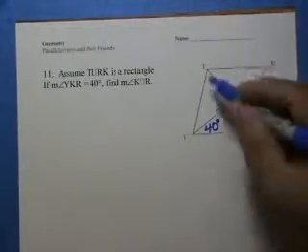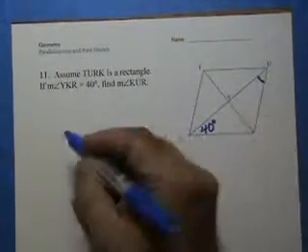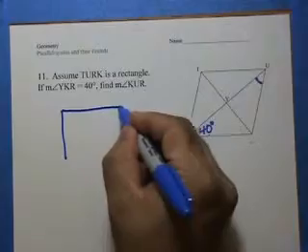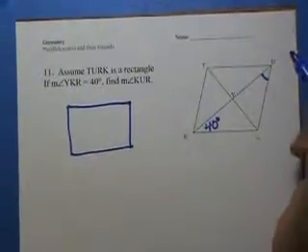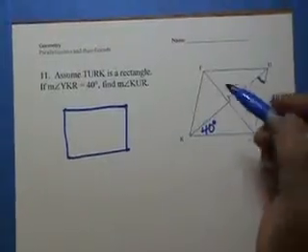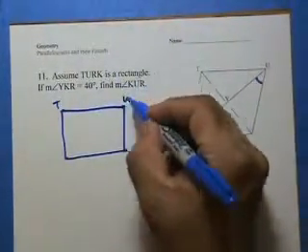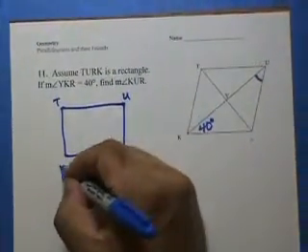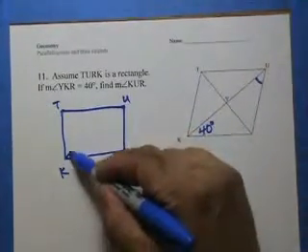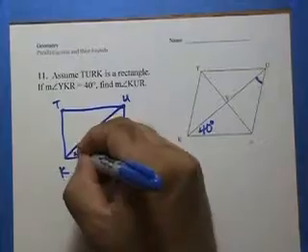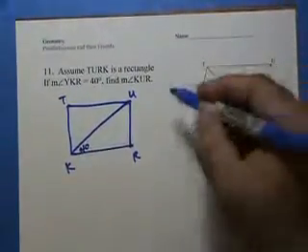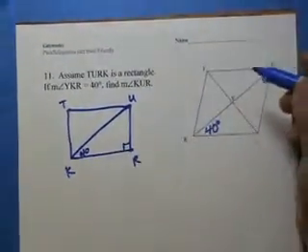Now, if that diagram confuses you, it might be in your best interest to redraw it, except that's not a particularly good drawing. Or maybe better to draw just the relevant parts. So that's 40. And remember, in a rectangle, the angles are 90.